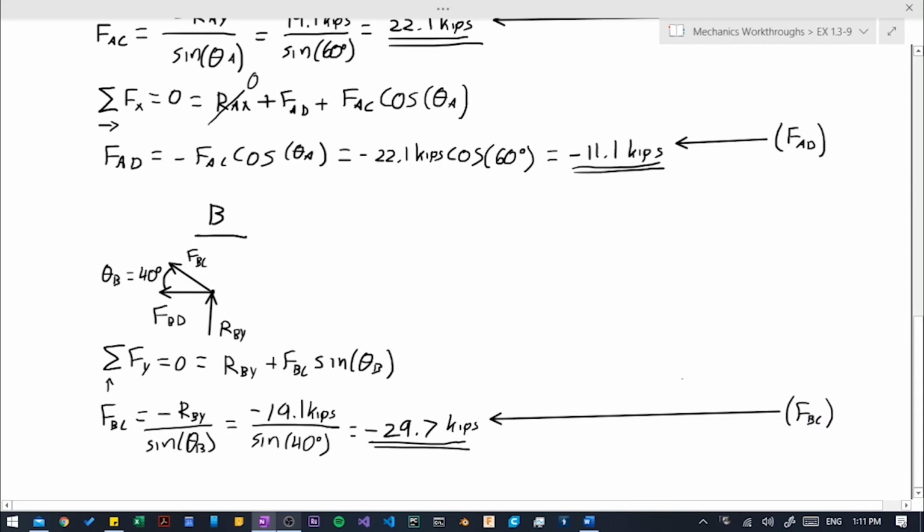All right, and finally we do our summation of forces in the x direction to find FBD.